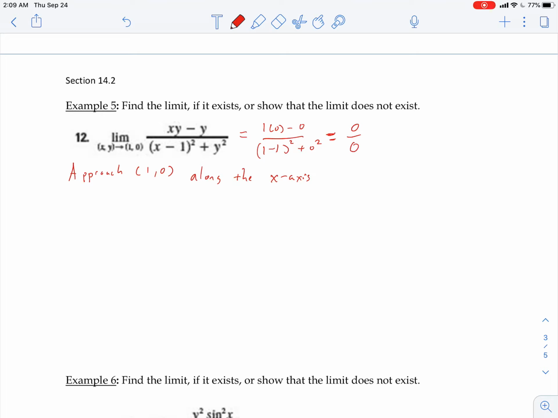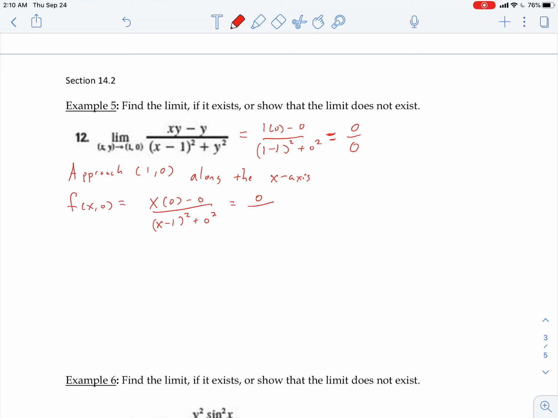So we're approaching 1, 0 along the x-axis, and that means I'm going to use f of x, 0. And I'm going to plug in. So anywhere there's a y it's going to be 0, and anywhere there's an x it's going to be x. So I get x times 0 minus 0 over x minus 1 squared plus 0 squared.